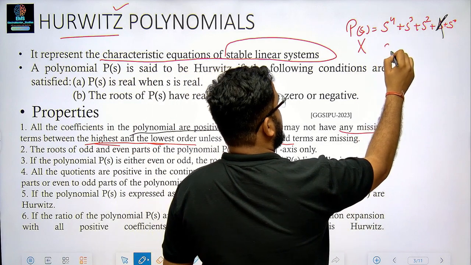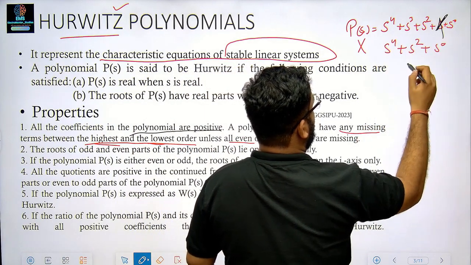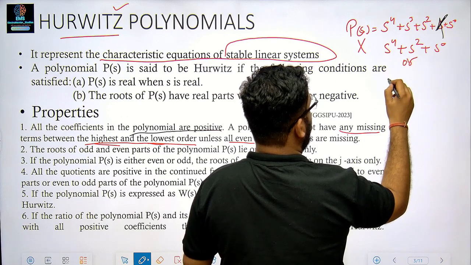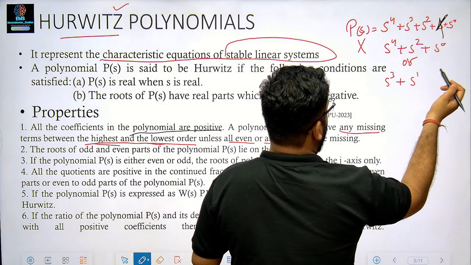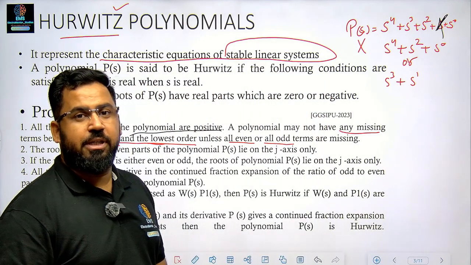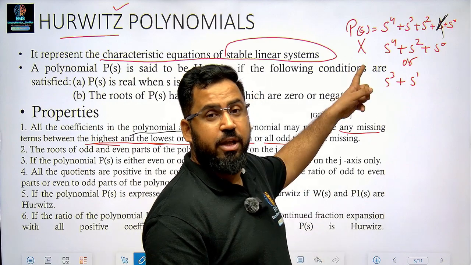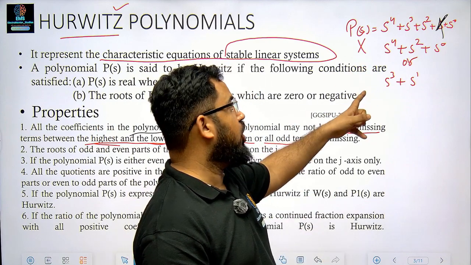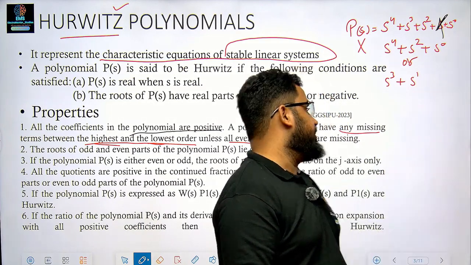But if we have S4, S2 and S0, or we have S3, S1, these two polynomials may or may not be Hurwitz, but we cannot rule them out because here all odd terms are missing, and here all even terms are missing.